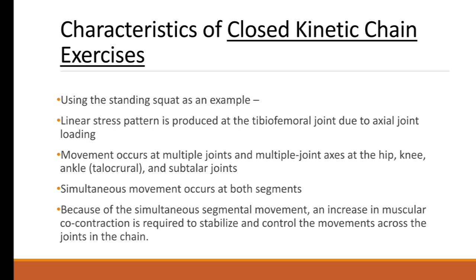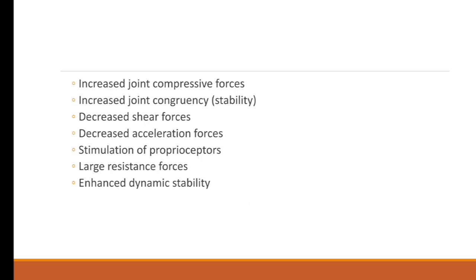Because of the simultaneous segmental movement, increase in muscular co-contraction is required to stabilize and control the movement across the joint in the chain. So increased compressive forces, congruency, decreased shear forces, decreased acceleration forces, stimulation of proprioceptors, large resistance force, enhanced dynamic stability.